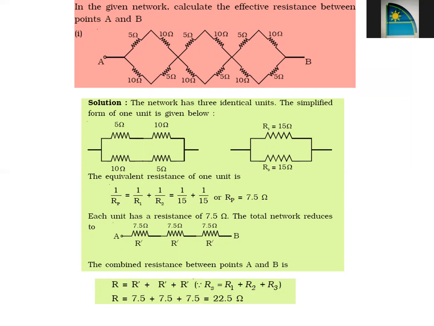In this given circuit, we can see that three parts are exactly same to each other. So what we are going to do is we are going to break this whole circuit into one part. Just concentrate on one rhombus kind of a thing we will just take, and then all three rhombus, they are connected in series with each other.